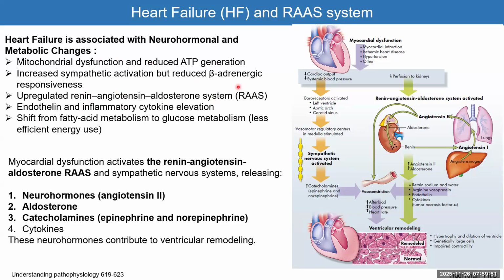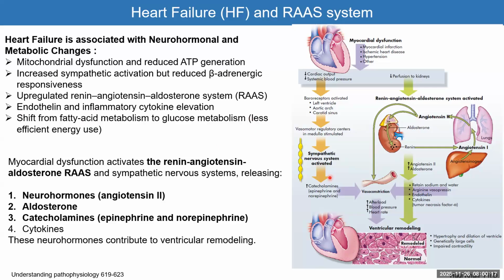Renin-angiotensin-aldosterone system. So the R, renin, angiotensin, A, aldosterone, A. Also, there will be an effect on the endothelin and the endothelial system. And finally, a switch in the fatty acid metabolism toward glucose.